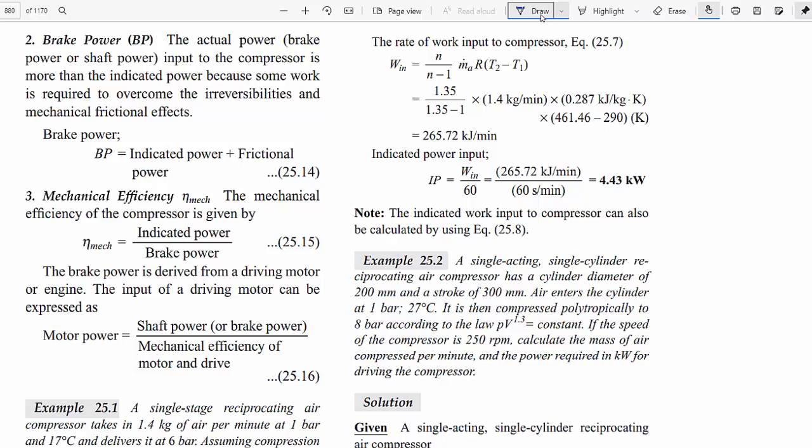The remaining formulas are for work input, or indicated work input to the compressor, which gives indicated power, brake power and mechanical efficiency. This is one type of concept, and in the next video we will solve the clearance concept. Okay.